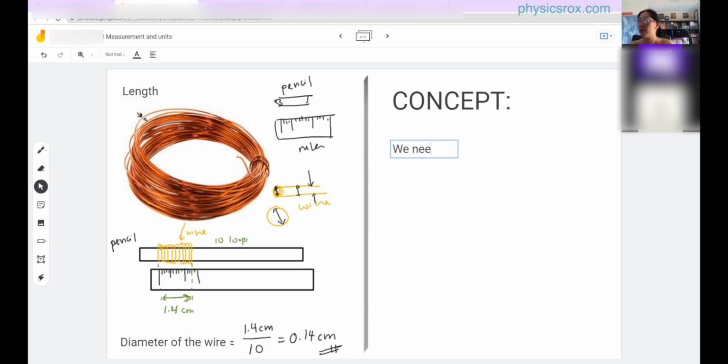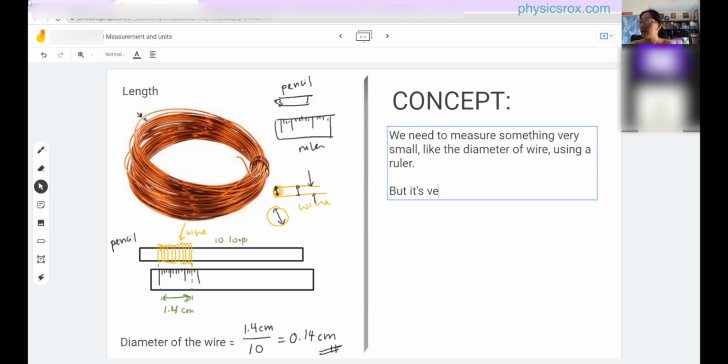We need to measure something very small, like the diameter of a wire, using a ruler. But it's very difficult because the diameter is too small.